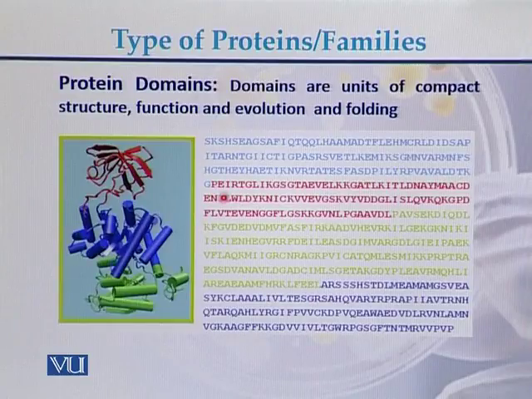So proteins are actually linear sequences. If we see the primary structure of the protein, they are linear sequences of amino acids, marked with red, green, and purple color. These sequences form the domains. Ultimately, as a result of primary, secondary, and tertiary folding, the linear sequence of amino acids forms the domains of the proteins.